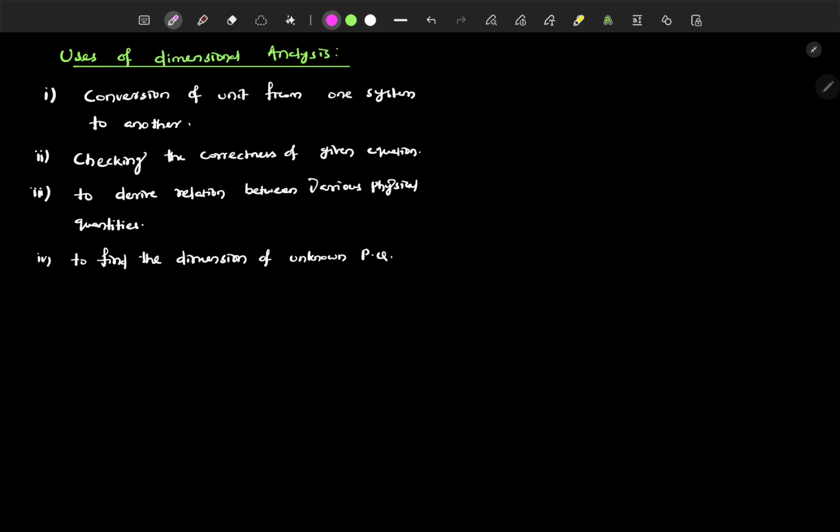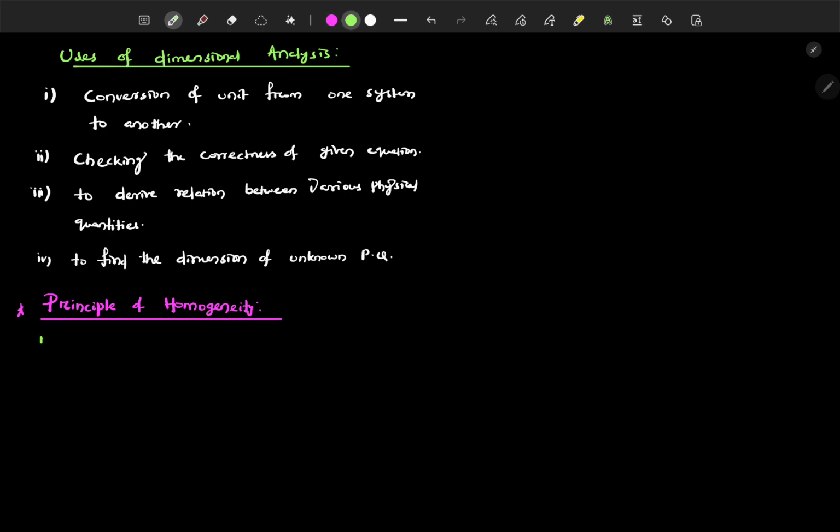Next, give the heading principle of homogeneity. Next concept is the principle of homogeneity. So what is this? Now see, as per the principle of homogeneity, there are two principles.